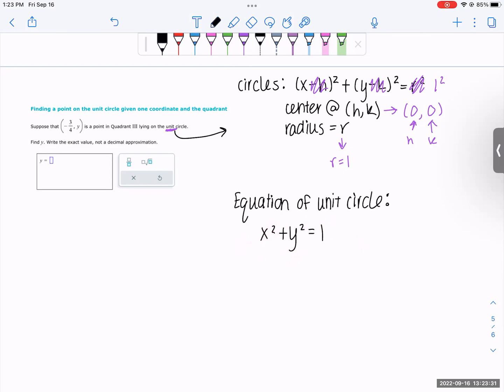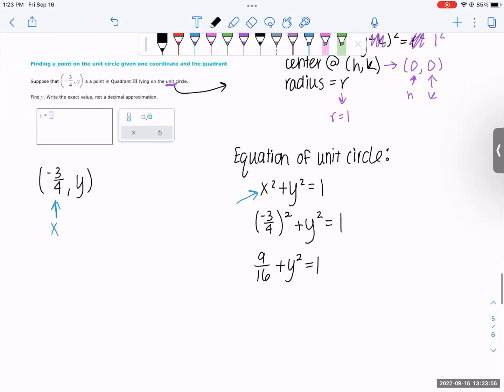So if we have the point negative 3/4 comma y, that means that this is our x value, and we can plug it in for x over here. So we have negative 3/4 quantity squared. We don't know what y is, we're going to solve for it, is equal to 1. So we have 9/16 plus y squared is equal to 1.